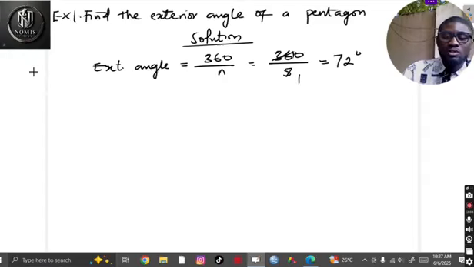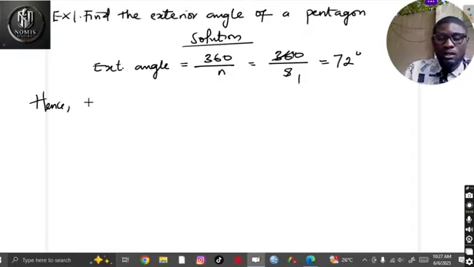You should note that the interior and exterior angles of a polygon are supplementary. What do I mean by supplementary? Meaning that they add up to 180 degrees.